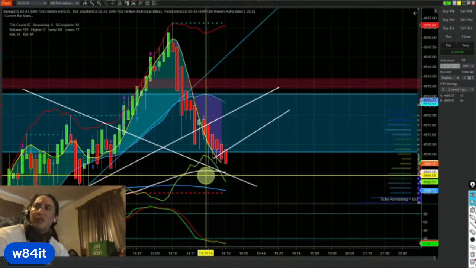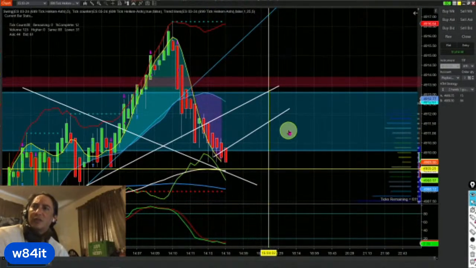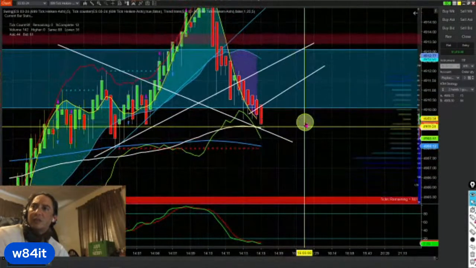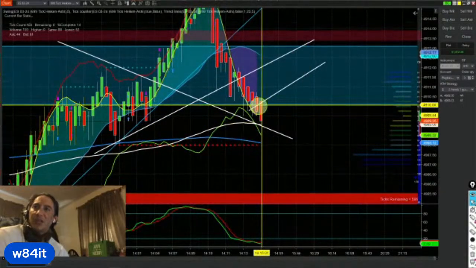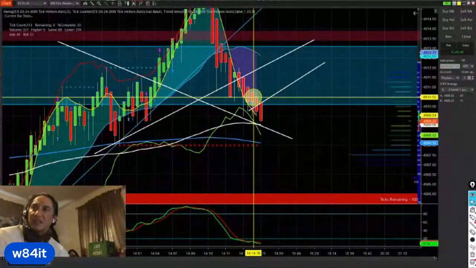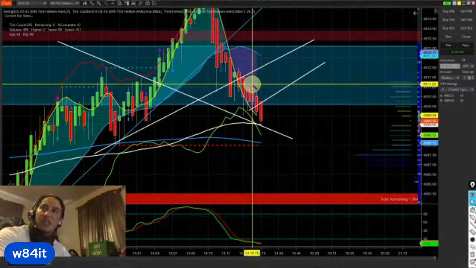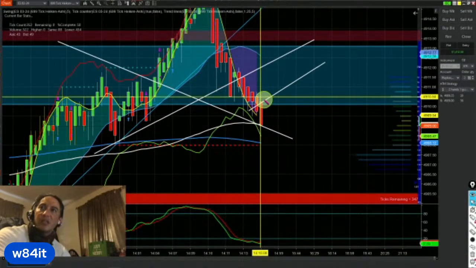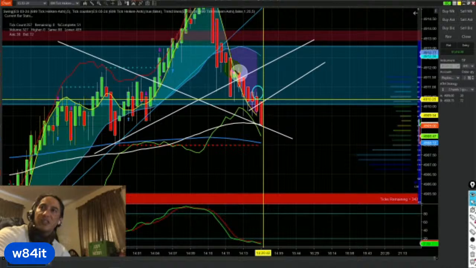And then it hasn't really tested this spot yet, unless this was the fail right here and that was the test. And so that could be what that is right there. And it also probably is what this is right here.